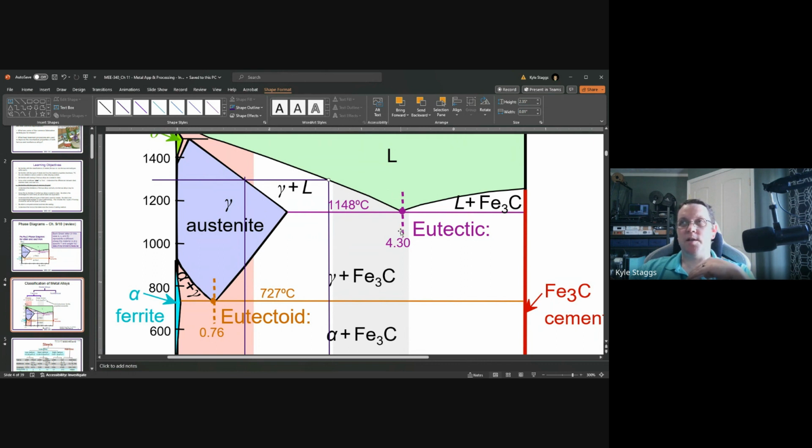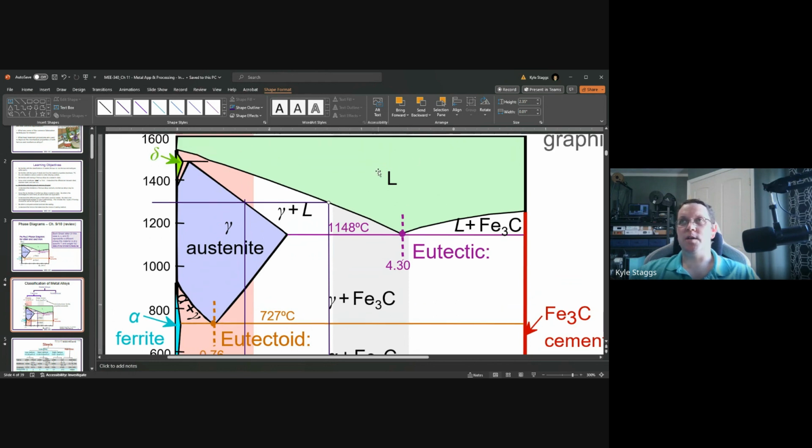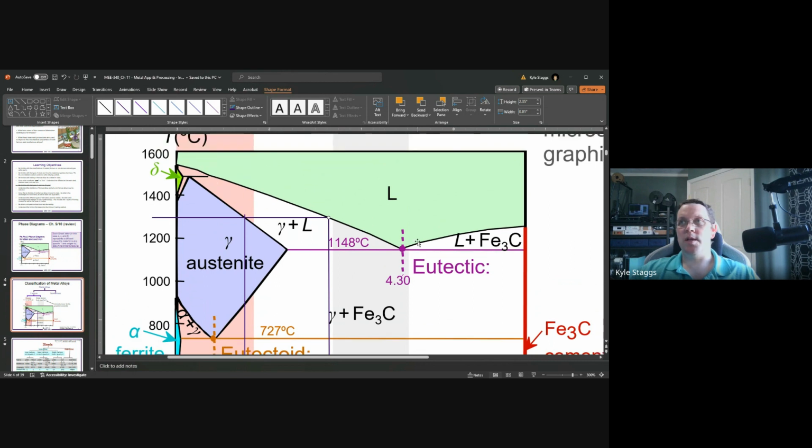If it's exactly eutectic composition, which is typical cast iron, because of its lowest melting point at the eutectic composition, 4.3 weight% carbon, at that point you only have liquid above 1148. There is nothing else because you're in the phase envelope that is only liquid, right?